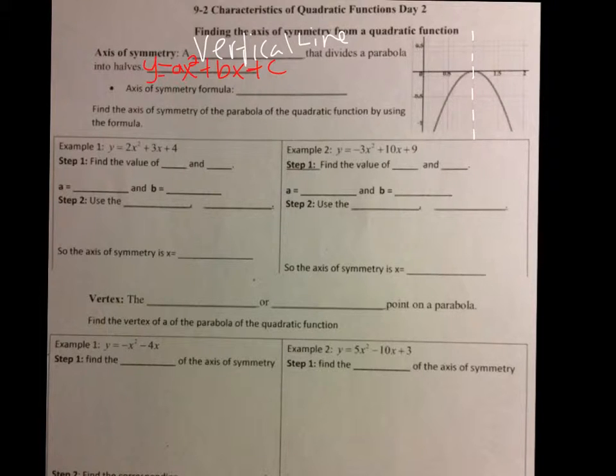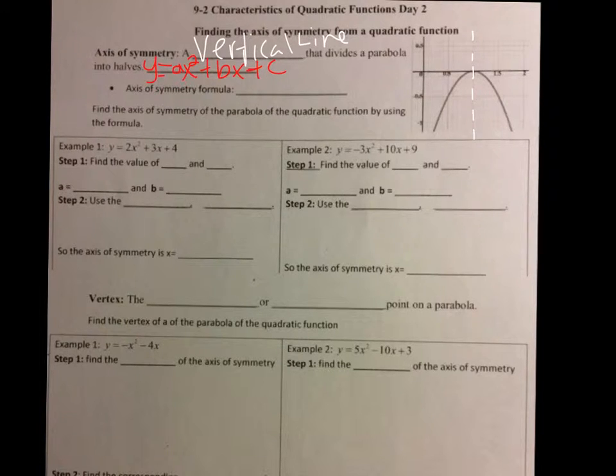If we have 1 zero, then whatever that x value is, that is our axis of symmetry. If we have 2 zeros, we use the average of those 2 zeros, and whatever that comes to be, that's our axis of symmetry.